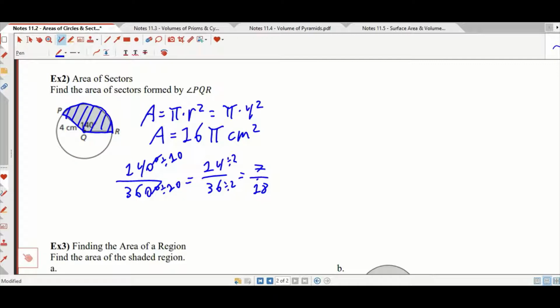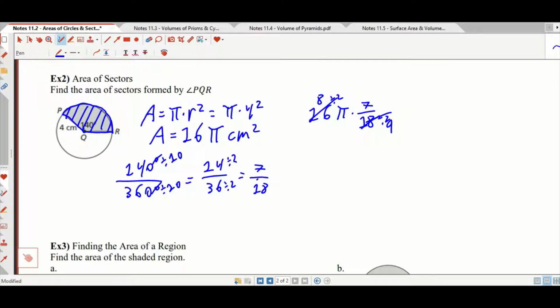So it's 7/18 of the circle, which means I need to take the area of the whole circle, 16 pi, and multiply it by 7/18, because I'm only taking 7/18 of the circle. Now this will divide by 2, or you could think of that as cross reduce, so that'll be 9, 8. Not much you can do about that.